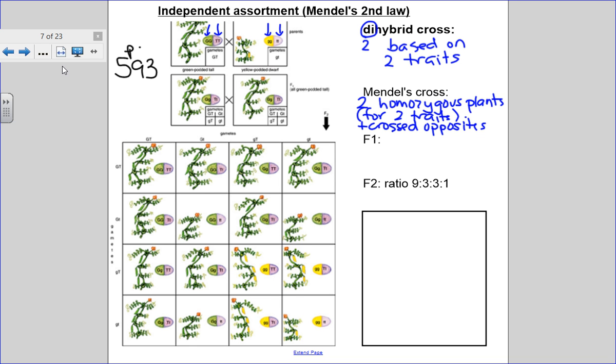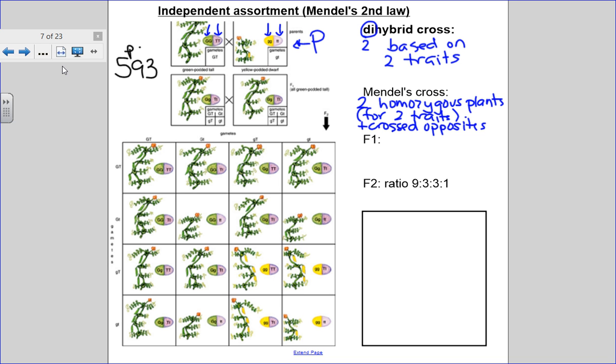So one of them was homozygous dominant for both traits. The other one was homozygous recessive. Now, just like in previous crosses, this is the P generation. Those are the parents. It's a pure cross because the parents are homozygous.